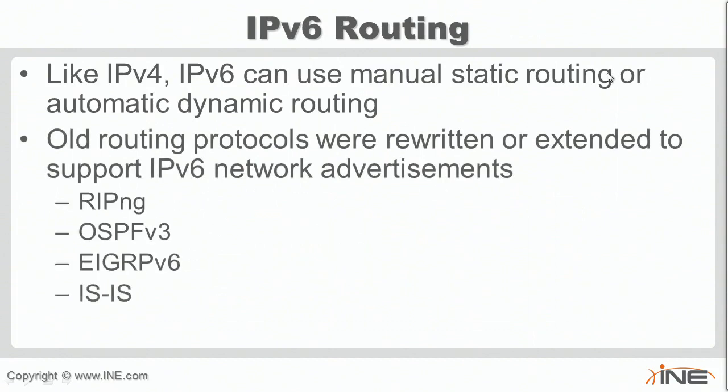So we can do both static routing or dynamic routing, and there's new counterparts for all of the version 6 protocols. Like RIP version 2 becomes RIP next generation. OSPF version 2 becomes OSPF version 3. EIGRP becomes EIGRP v6. IS-IS and BGP actually stay the same. They use the same routing protocol to exchange the IPv6 information.